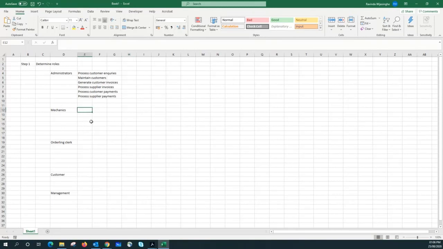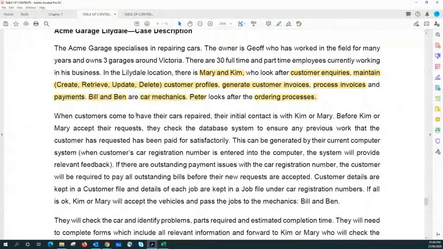Now let's go through the mechanics and see what kind of things they are performing. So when the customers come to have their cars repaired, their initial contact is with Kim or Mary. Before Kim or Mary accept their request, they check their database system to ensure any previous work that the customer has requested has been paid for satisfactorily.